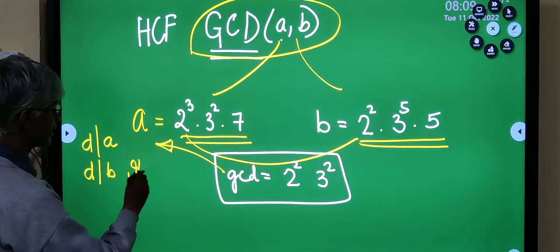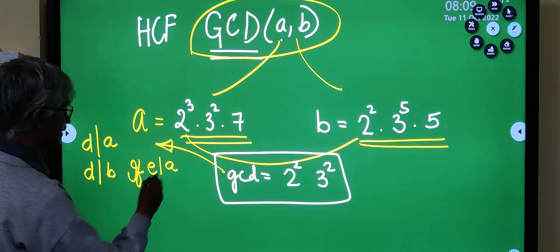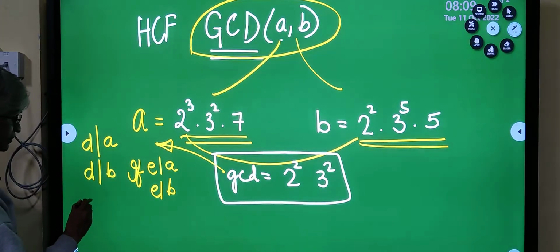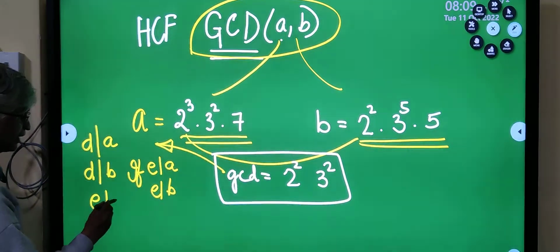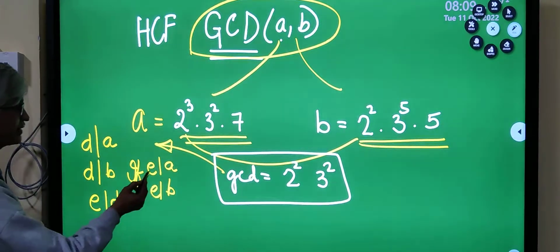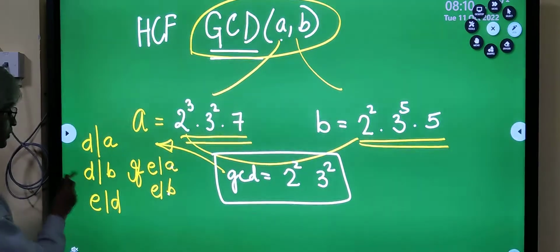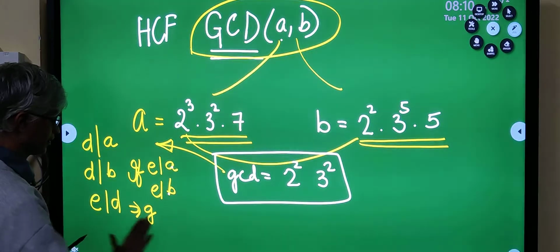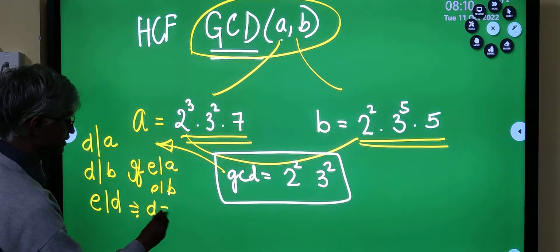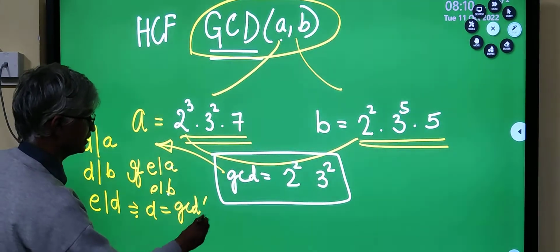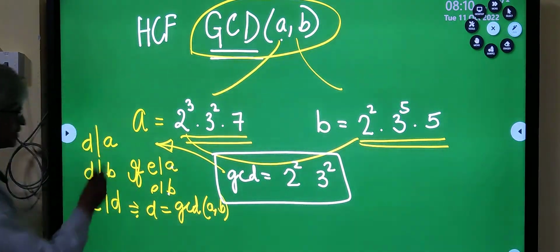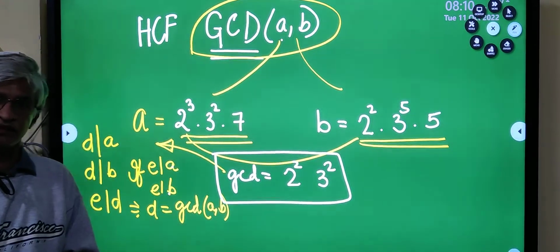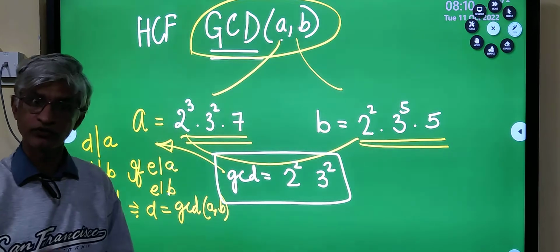So if any other number E divides A and also divides B, then E should divide D. If this criterion holds, that any common divisor of A and B should divide D, in that case, we say that D is equal to GCD of A and B. So this is the better way of stating what exactly is the GCD, and this is a crude way of finding out the GCD.